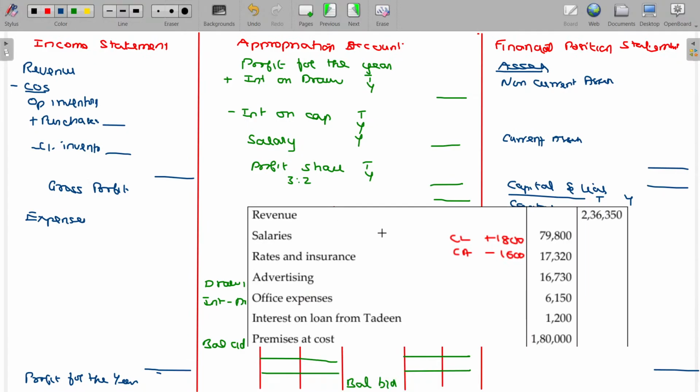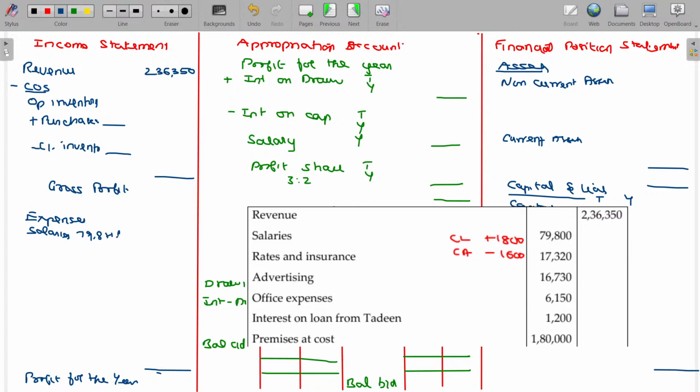Yeah, let's start. Revenue 2,36,350. Salaries, being an expense, will be posted here. This value being 79,800.